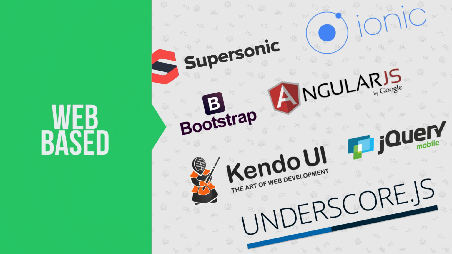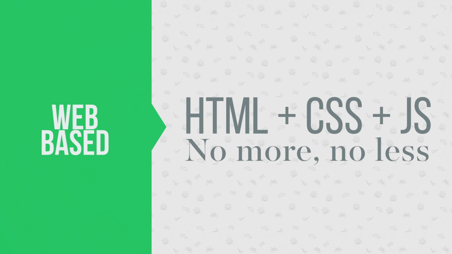You can use Ionic or Supersonic, which are big frameworks targeted towards developing mobile. But you can also use Angular as it is, or Bootstrap, or jQuery or CanJS, which are UI libraries, or really small libraries like Underscore. But it's the web. It's HTML, it's CSS, it's JavaScript. No more, no less. That's it. It's good and it's bad.